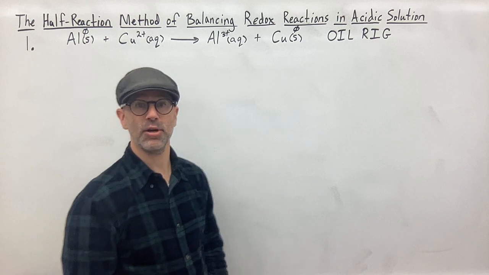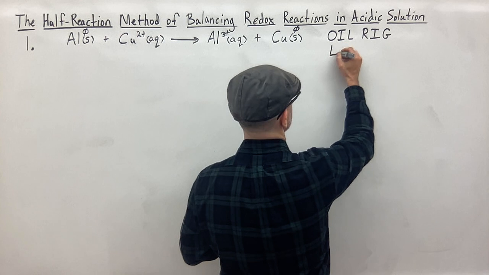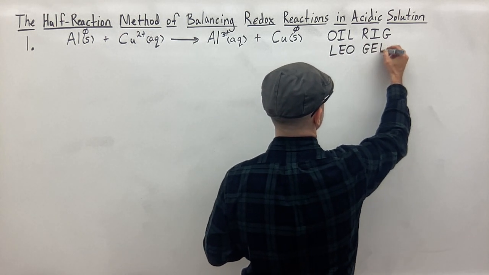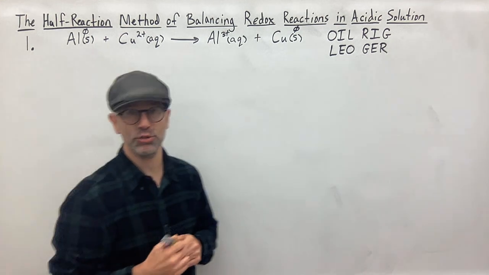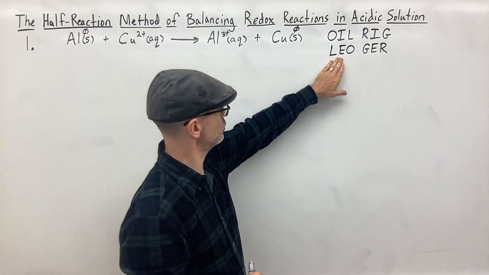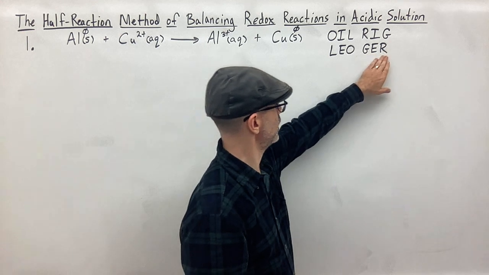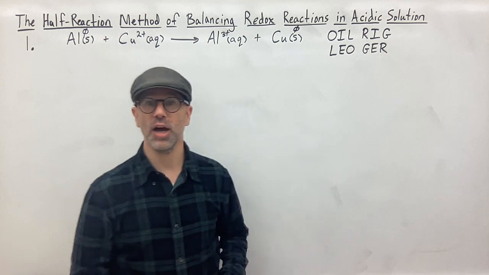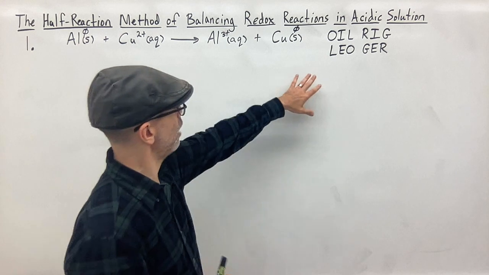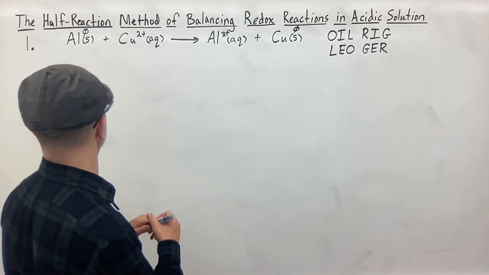You can remember which one is which by that mnemonic, or if you want to use LEO says GER, Leo the lion goes GER. Again, loss of electrons is oxidation. Gain of electrons is reduction. Either mnemonic works, whatever you want to use. But now that we can use these, we can figure out what's going on here, what's reduction, what's oxidation.